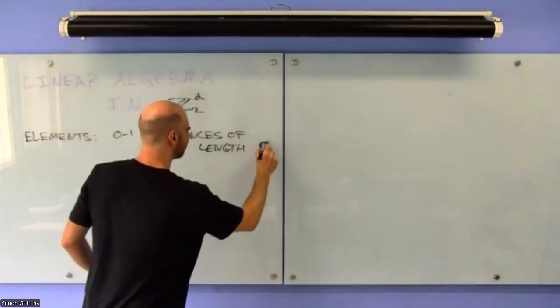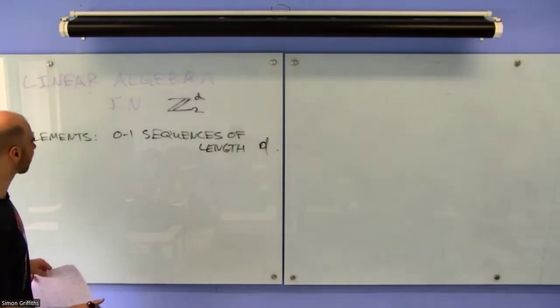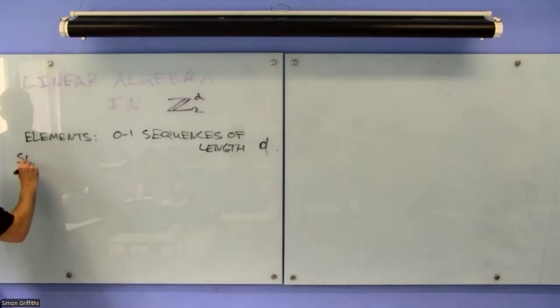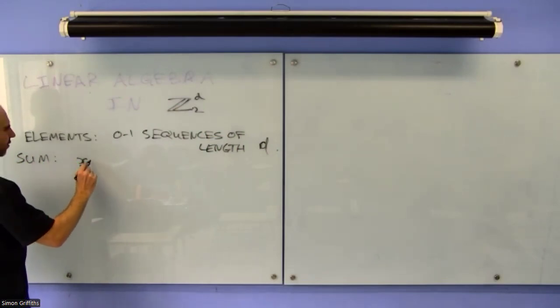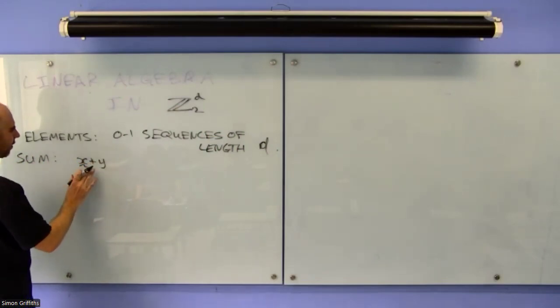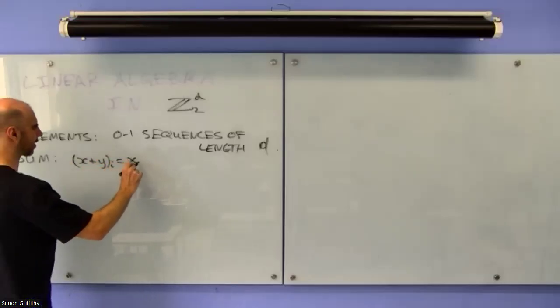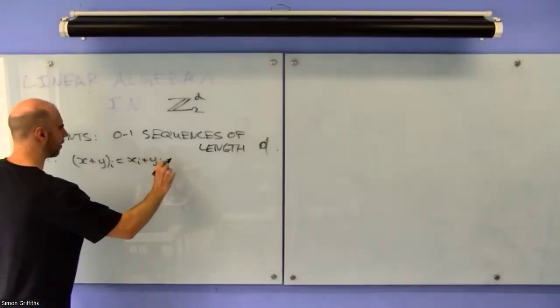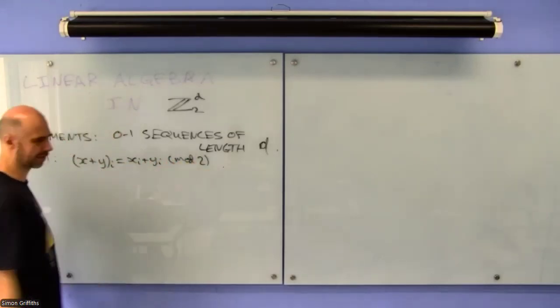N equals D. There's a sum, which is just summing modulo 2. X plus y, and you basically sum modulo 2, so 1 plus 1 equals 0.